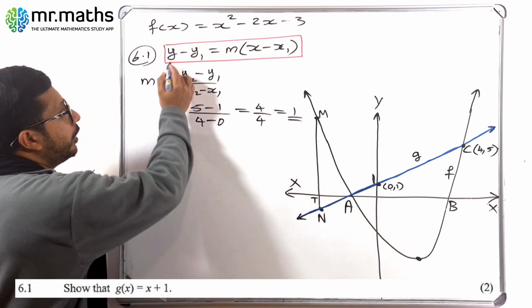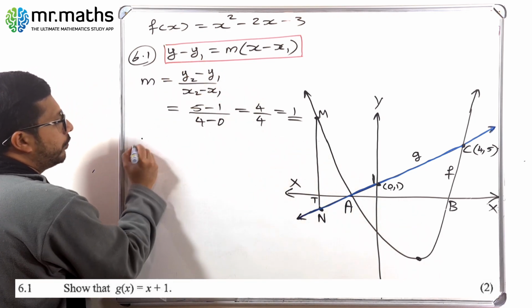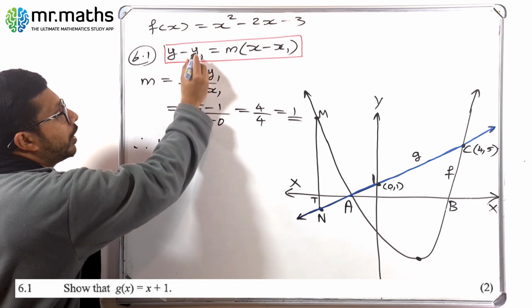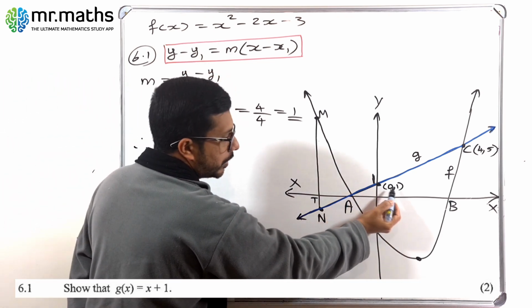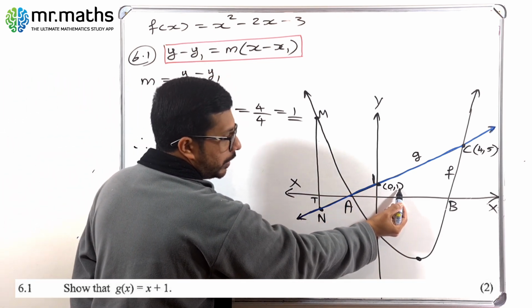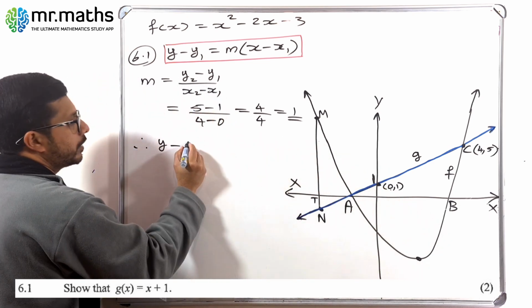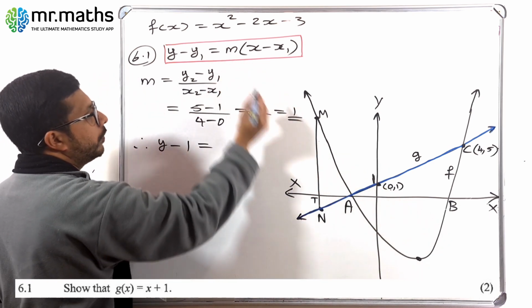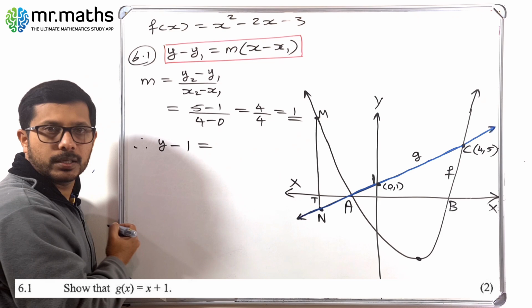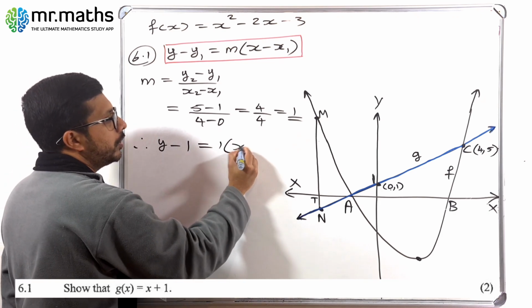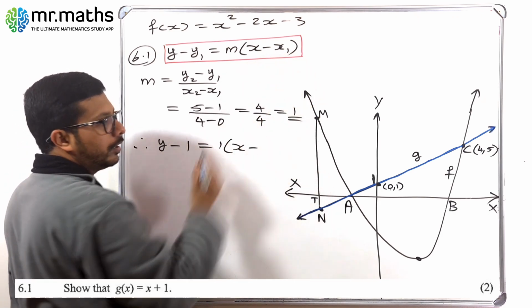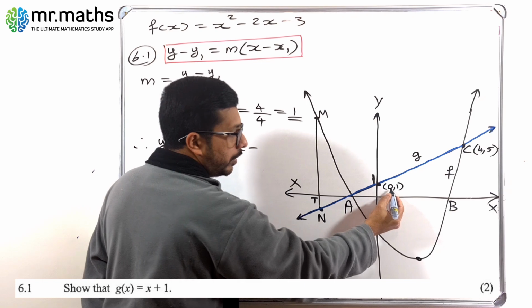So let me substitute. y minus y1, and y1 at this point is 1. So y minus 1 is equal to m. You already got the value of m as 1, so 1 into x minus x1. What is x1 at this point? It is 0.